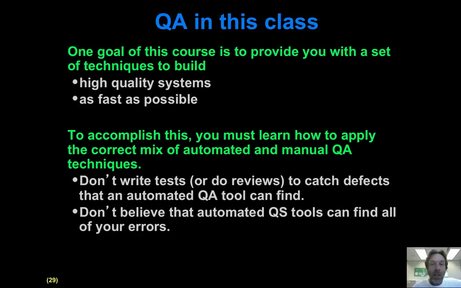So I don't look for those things in my reviews or in my unit tests. And that's really great, because it means I can focus my unit tests and my reviews on stuff that doesn't concern the kinds of issues that my automated quality assurance tools can find.